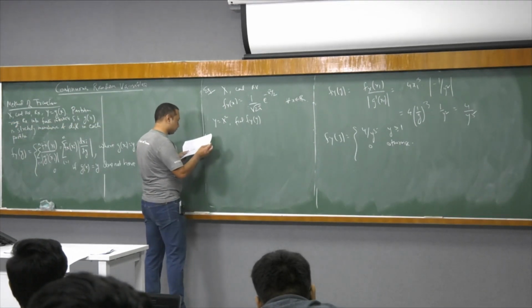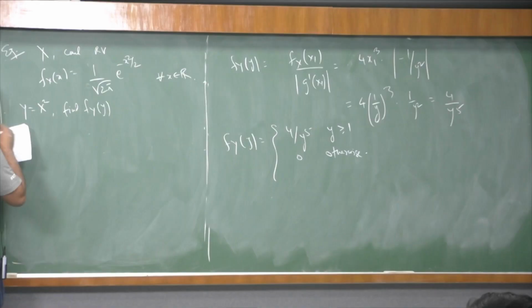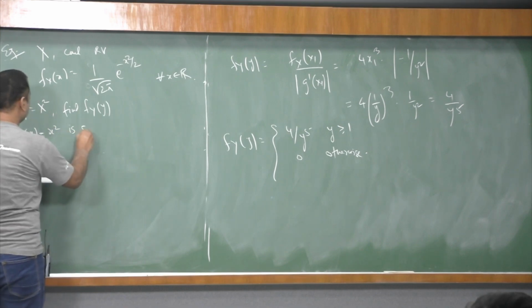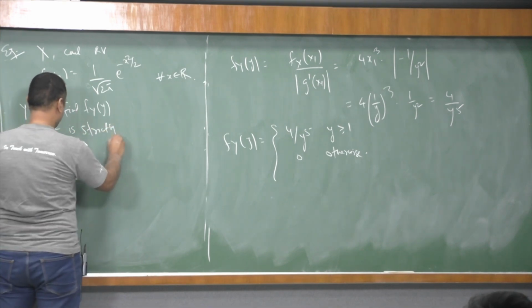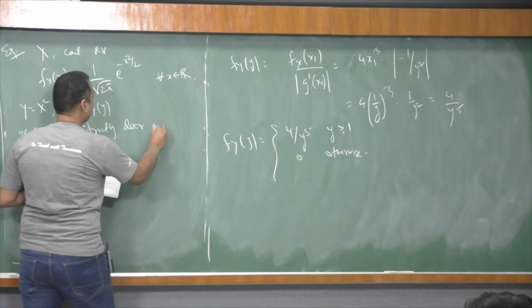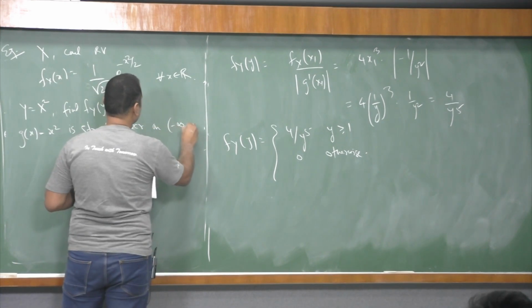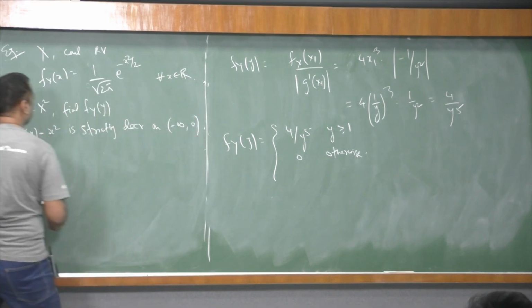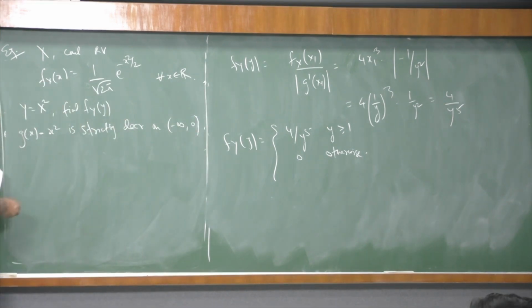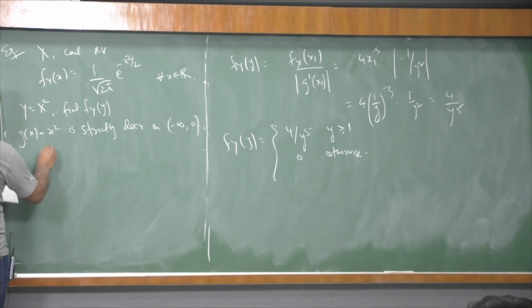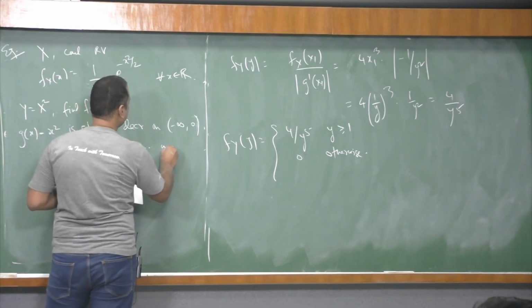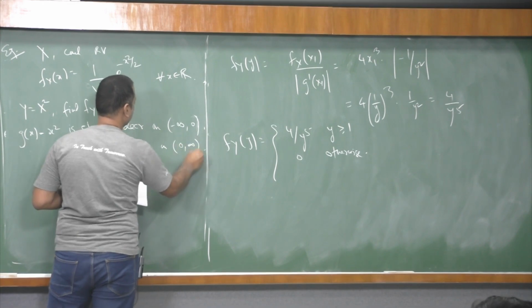So here g(x) equals x square is strictly decreasing on minus infinity to 0. You could keep it open, and at 0 it's 0. And it is strictly increasing on 0 to plus infinity.